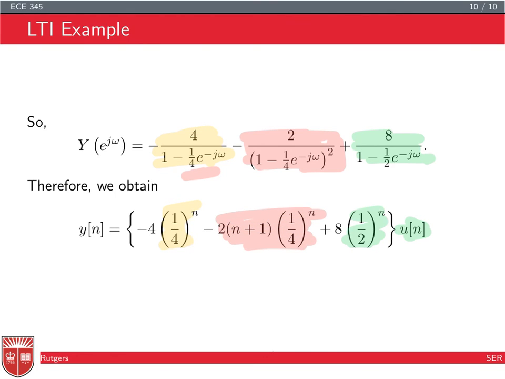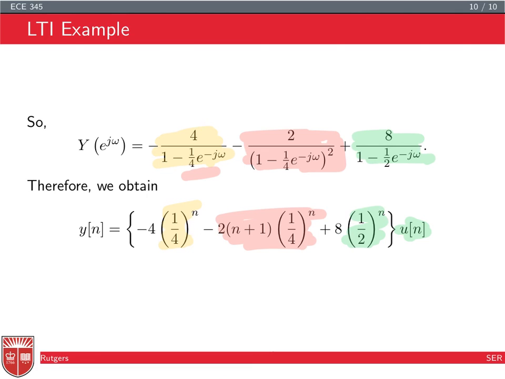So n x[n], if you remember, we studied this property of what would be the DTFT of it. Again, here you have n plus 1, so you have to make sure there are a little bit of details that need to be worked out, but this is something that you should double check at home. So this way you can get the output in the time domain.